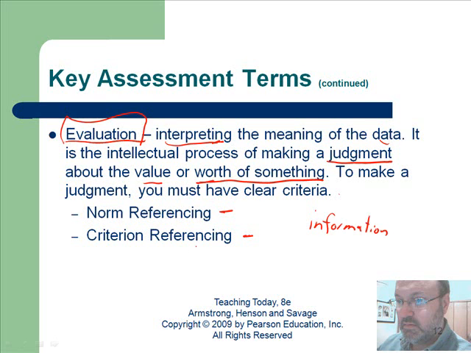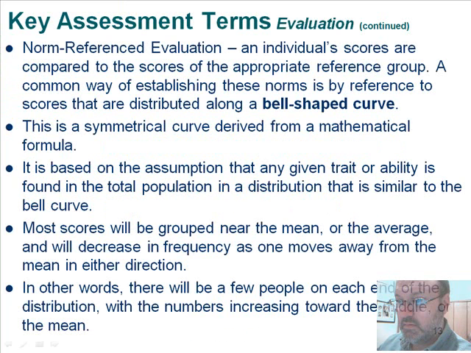Because, for example, if you go in and ask Dr. Google what the word assessment means, you'll get 100,000 hits or more. And your job is to determine the value and worth of that information. Let's move on, though, with the evaluation of the norm reference and criterion reference piece of assigning value.